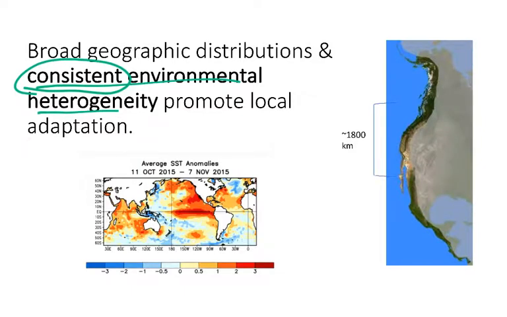So what I'm showing here is an image of temperature differences that occur during an El Nino event. An El Nino event is a warm water event that occurs often along the California coast. So you can see we would be right around here in a warm temperature region. But El Nino events are temporary. They only last within a year and then they go away.